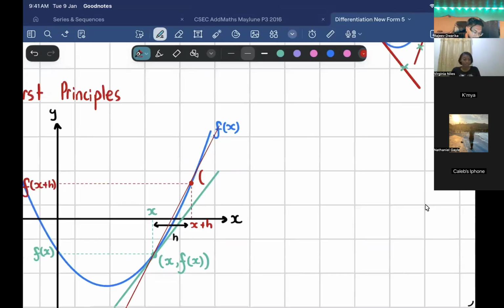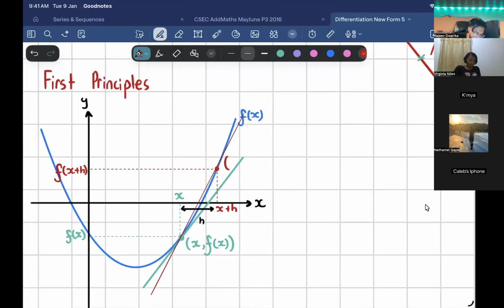Caleb, what would I call this point over here? What is the coordinate for that point? Take your time.